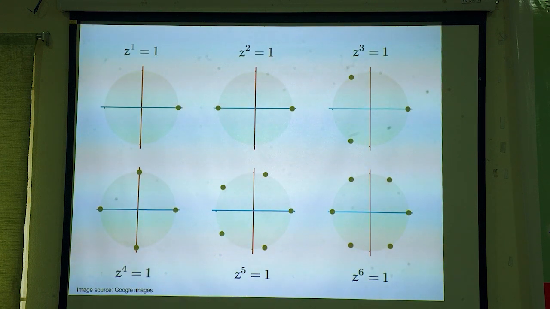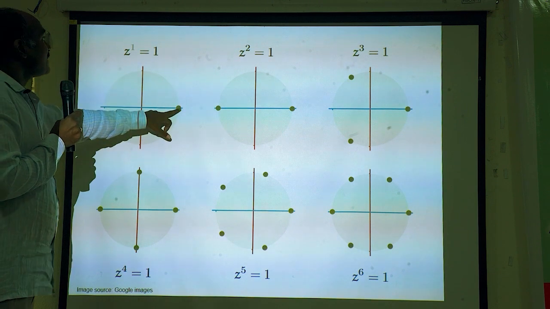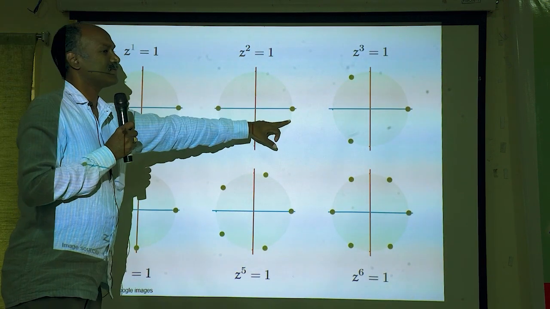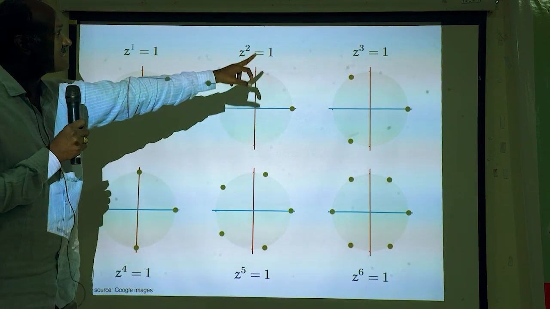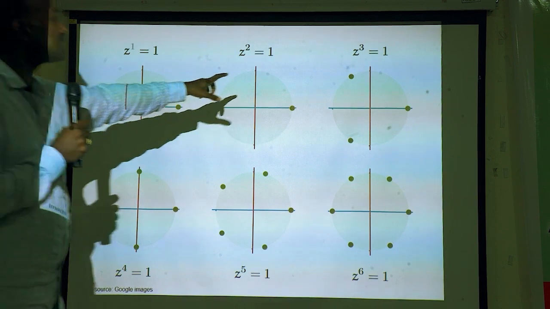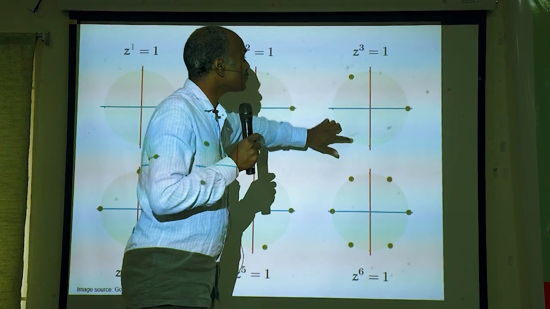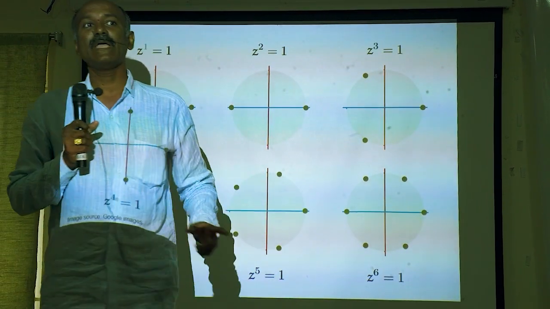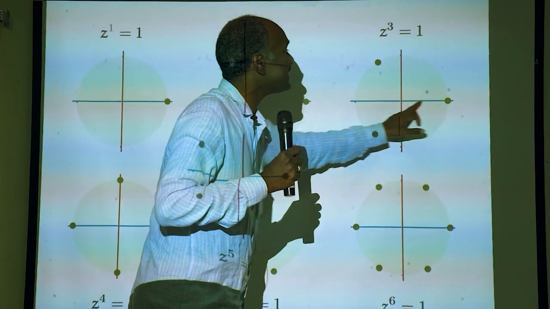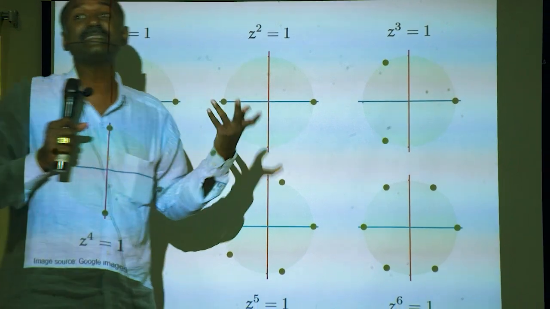That's why, see, z square is equal to 1 means z is equal to plus or minus 1. Here z cube is equal to 1 means how many points? 3. The angles and the values. To tell these two values, I require an imaginary value because they also have some imaginary part. If anything is on this line, that is real.